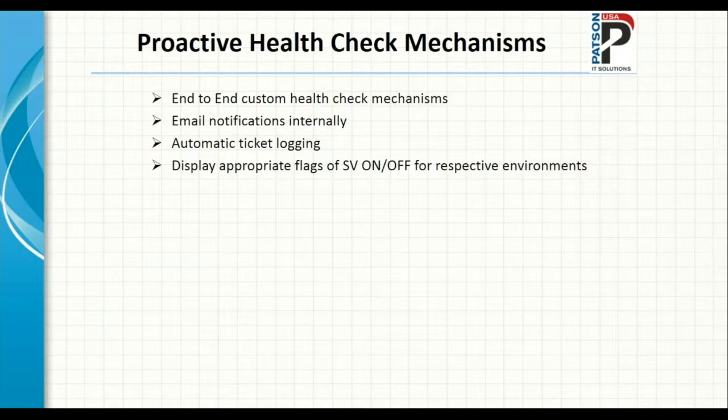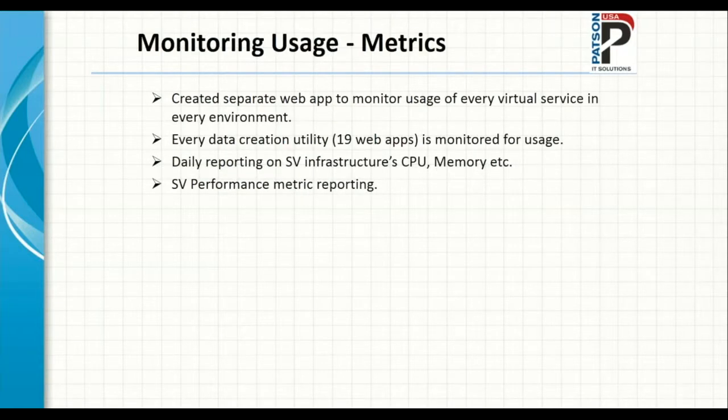So what we did is we created proactive health check mechanisms for all of our virtual services. These health check mechanisms run every 15 minutes. They notify us via email if something is really broken because of us, and it automatically logs tickets to us as well as to any supporting environment teams. And we display the appropriate on or off flags on the developers' websites.